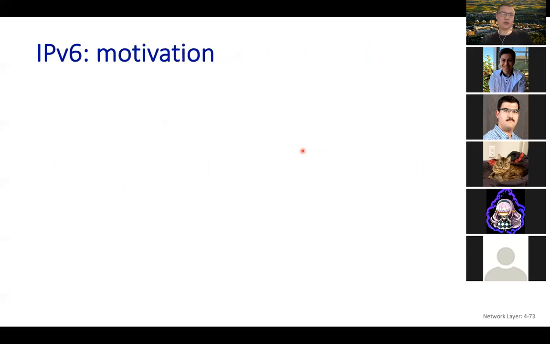So I think the next topic is about IPv6. Some of you may know that IPv4 and IPv6 are different networks, but some of you may not have heard about that before. I think the motivation for IPv6 is straightforward. The idea is that if we cannot have enough IP addresses with 32 bits for IPv4, what should we do?